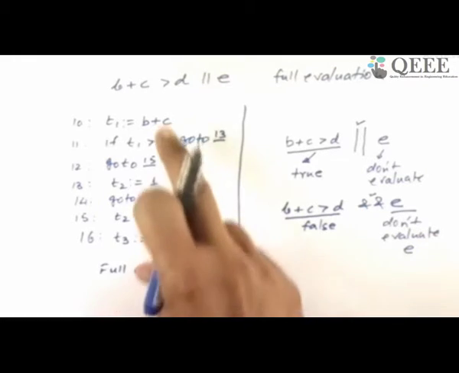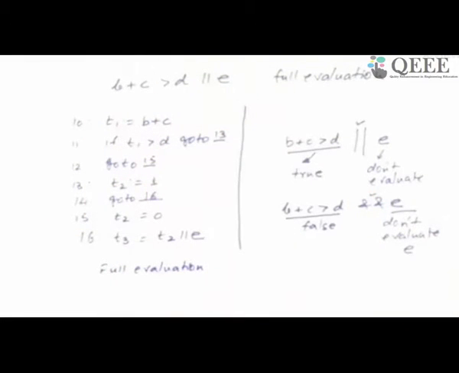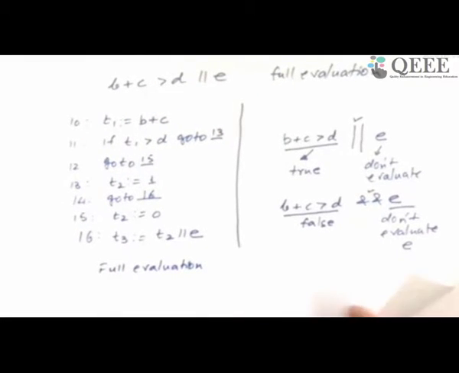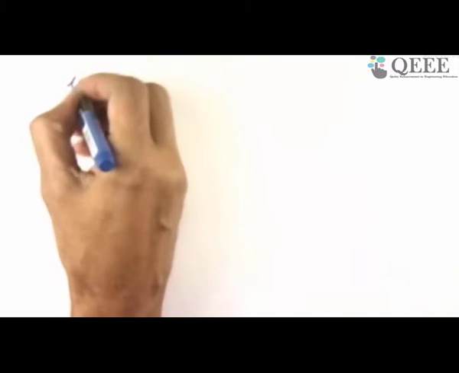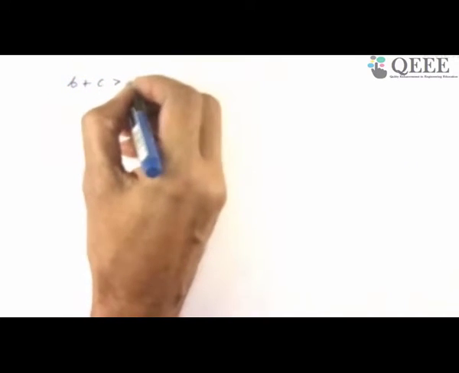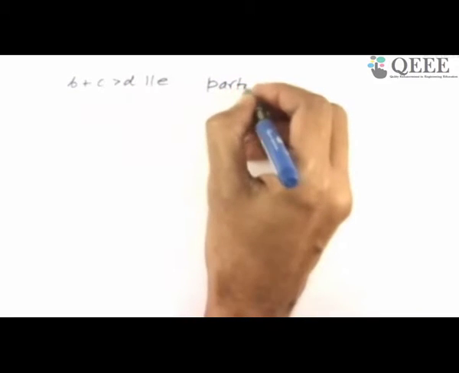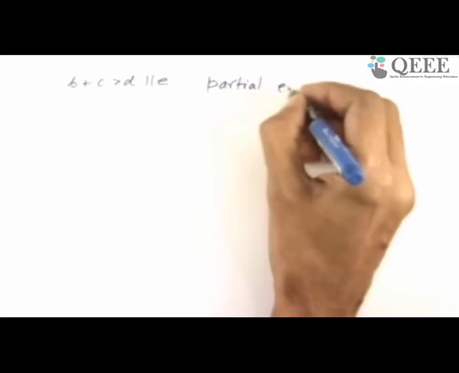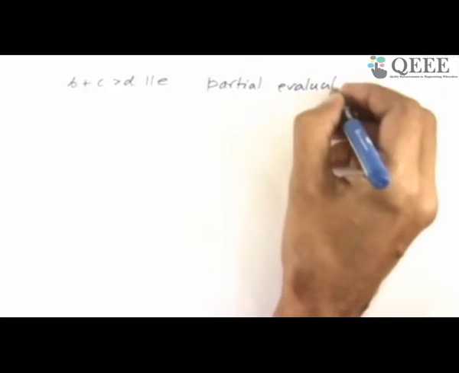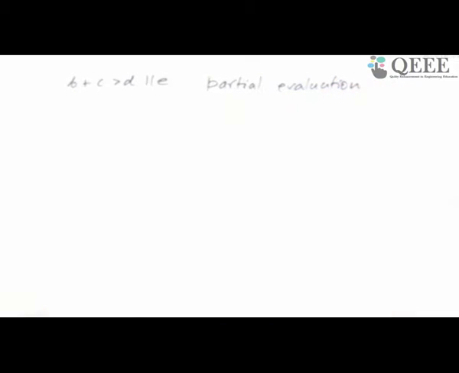You have seen this code. Let me show you the code for this in the partial evaluation sense, and then I can make more sense to you. So when I partially evaluate a Boolean expression which is of this form, and I'm assuming that the operators and the operands are compatible, B, C are integer or float, you don't have to do any type conversion.